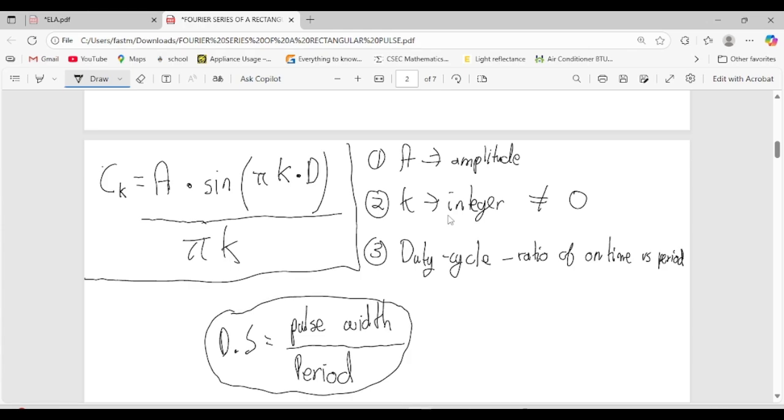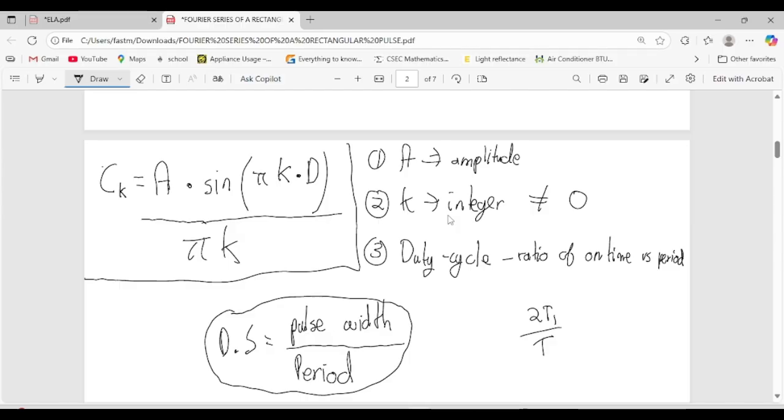Most of the time, you'll be given a pulse and you're just looking for the width of it. You could do a little bit of maths and figure out what the total width is. So it's just the pulse width divided by the period. Most of the time it will be 2t1 on T, because normally the pulse is symmetrical about the y-axis. So it ends up being twice t1 on one side. That is where you get this 2t1 on T.